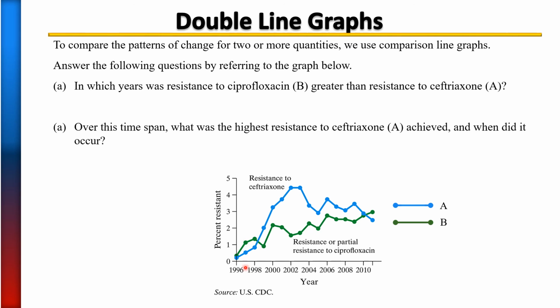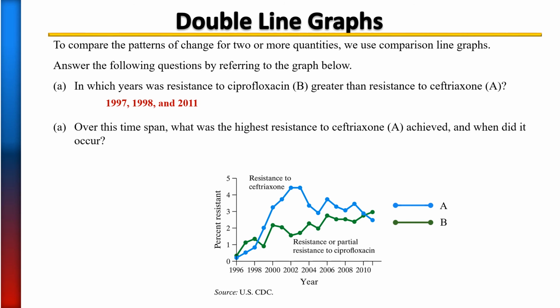We would say it's 97 because it's between 96 and 98. Also, at 1998, it's higher. And then the other point way over at the end, in 2011, also shows a greater resistance than the Ceph.